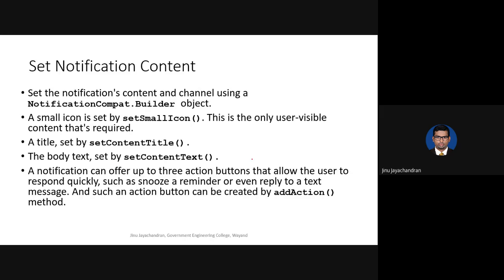A notification can offer up to 3 action buttons that allow the user to respond quickly, such as a snooze, a reminder, or even a reply to a text message. Such an action button can be created by addAction. When you get a notification, there are 2 ways you can interact with it. One, you can just click the notification and it will go to the corresponding app.